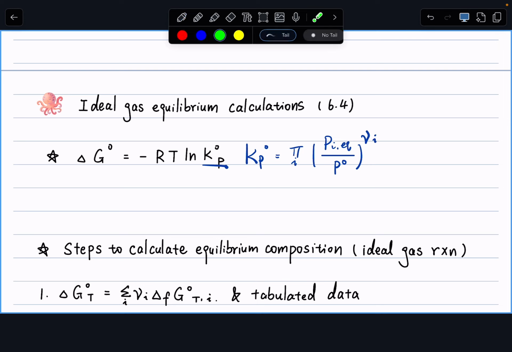So this is Kp°. By its namesake, we're describing the equilibrium composition, so these are the partial pressures of each species at equilibrium.